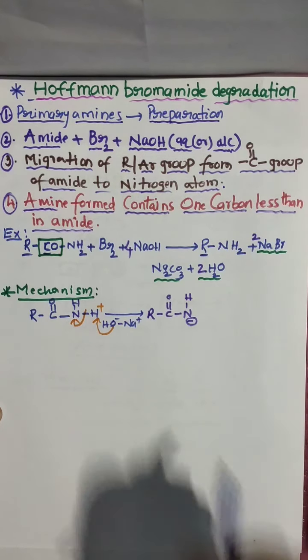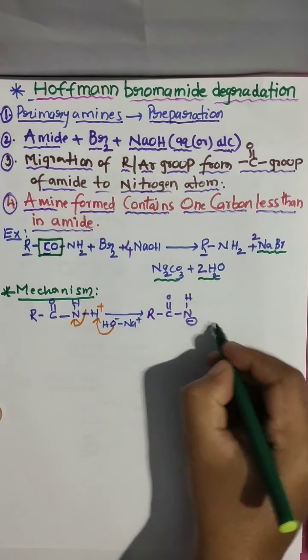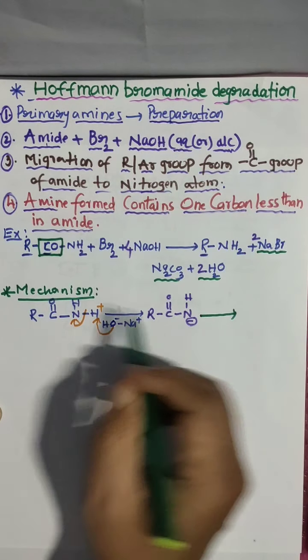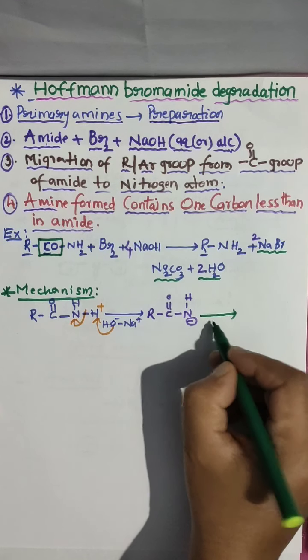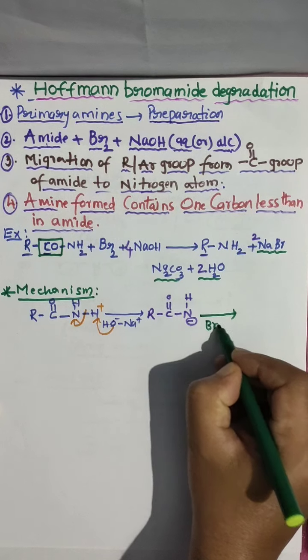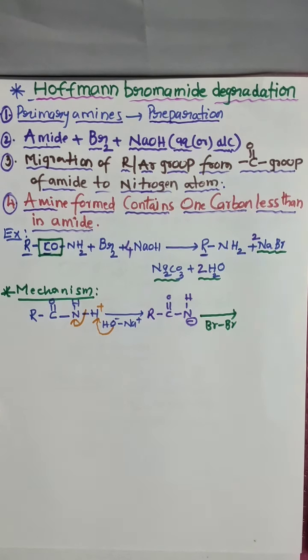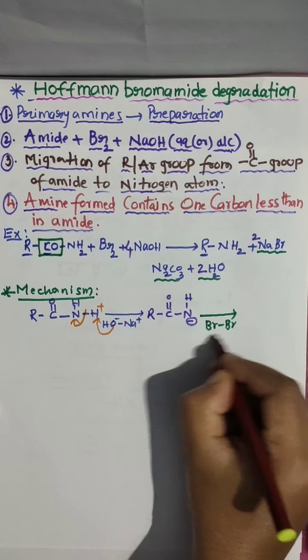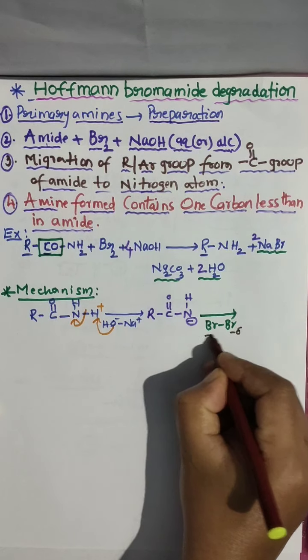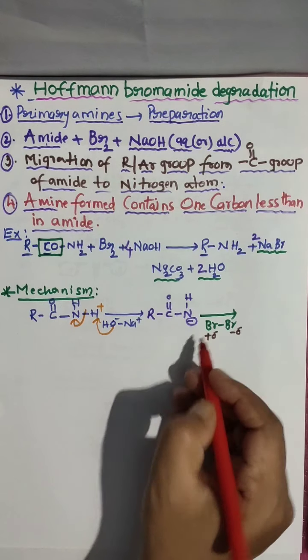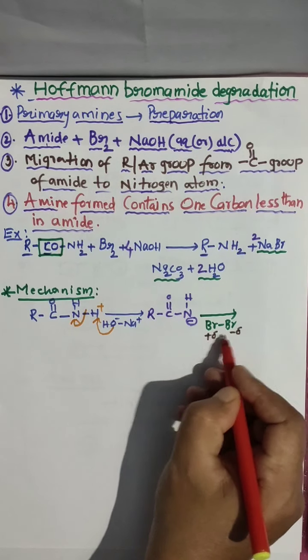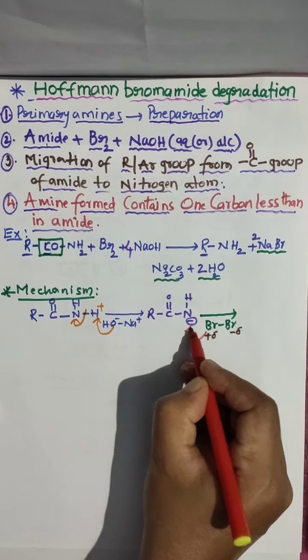Next step. We already took 1 unit of bromine. I am writing Br bond Br, and you take one as delta minus and one as delta plus: one negative, one positive, temporary charges. Negative is there, this is positive, and it will attack here.